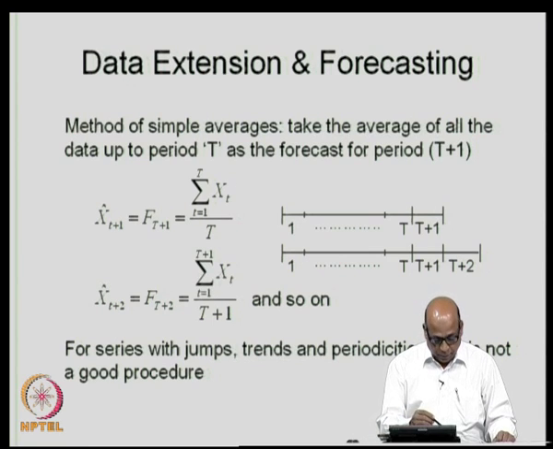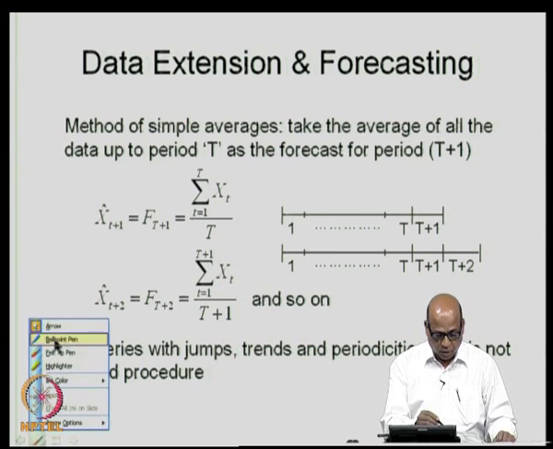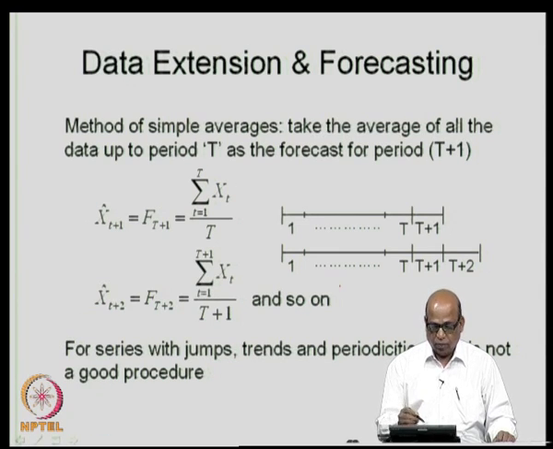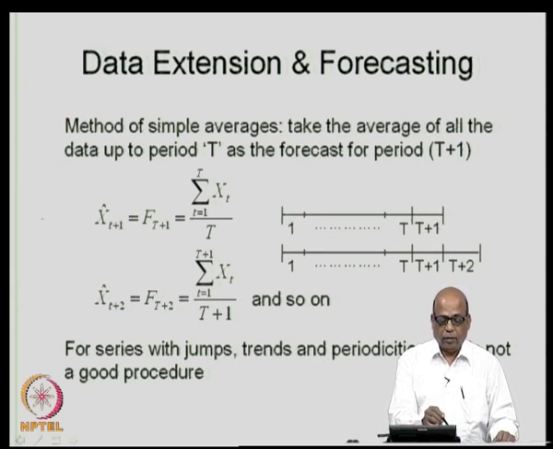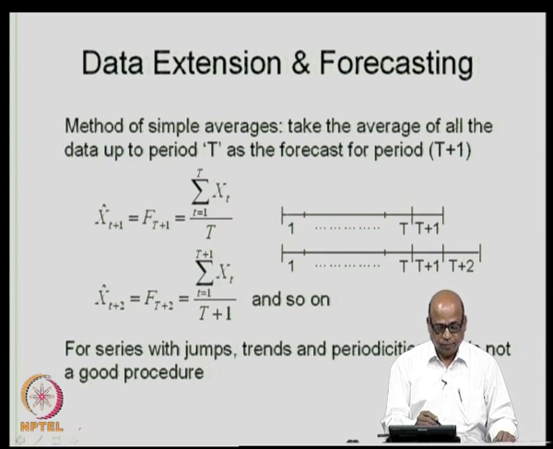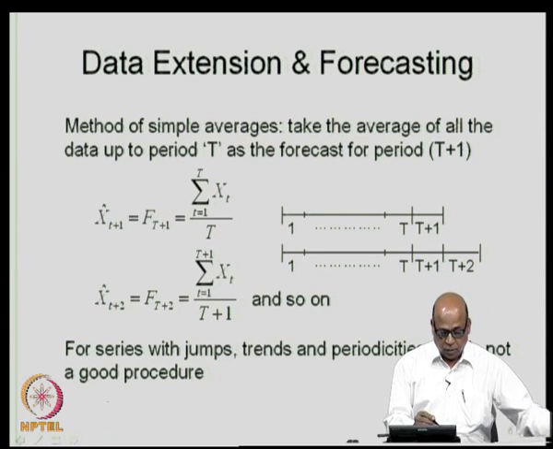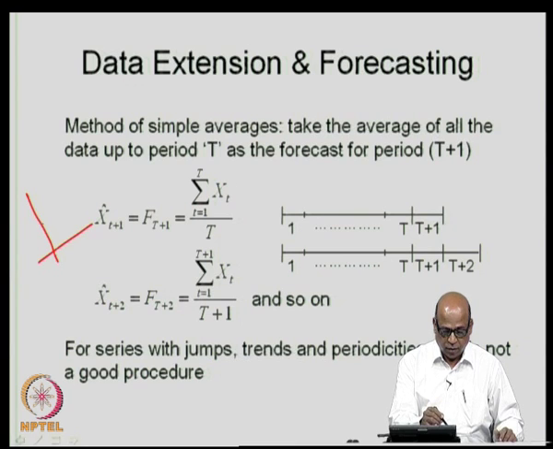As you can see, this method will not be useful where you have a strong periodicity or a trend etcetera in the data. If you have a smooth process, let us say you draw a smooth process, and your time series is something like this.